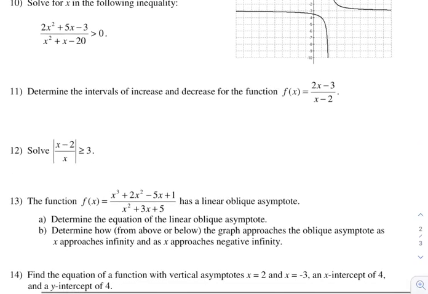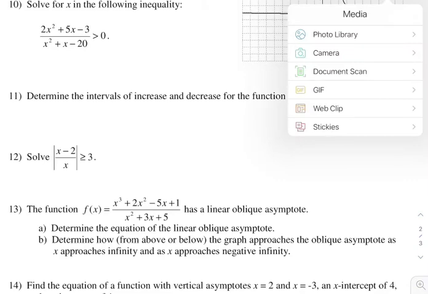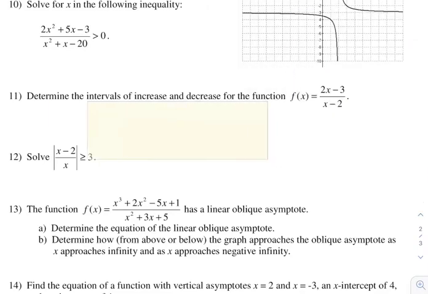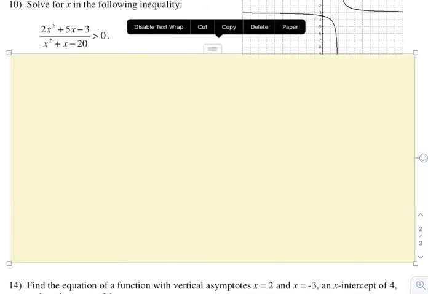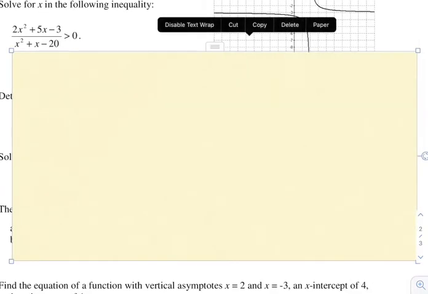Keep going along here. This one says solve for x in the following inequality. So if I'm solving for x, that means we're going to need an interval chart in this case because we have an inequality. But what I'm going to do is try to factor the top and bottom first.